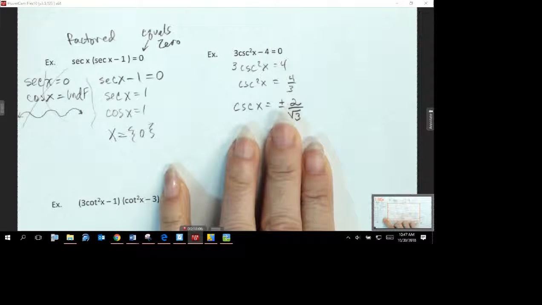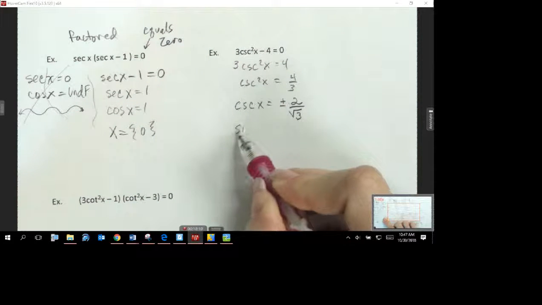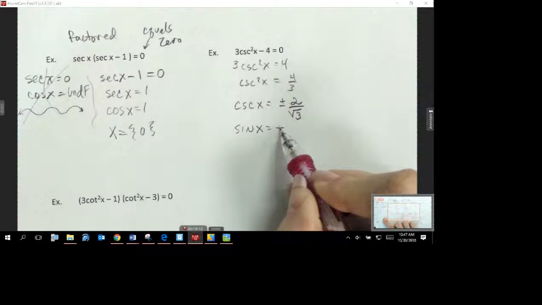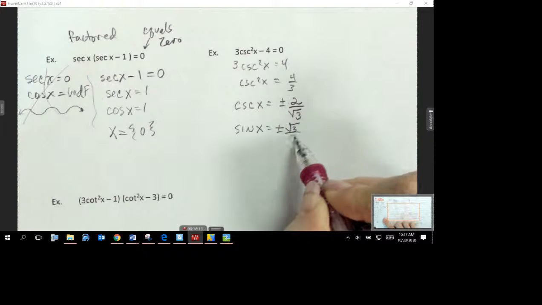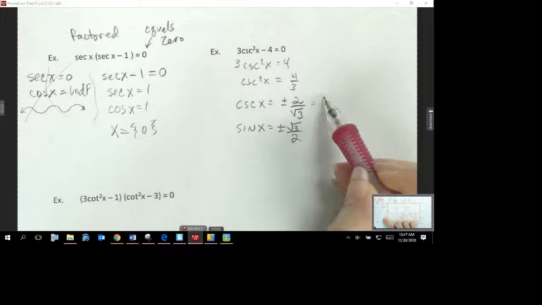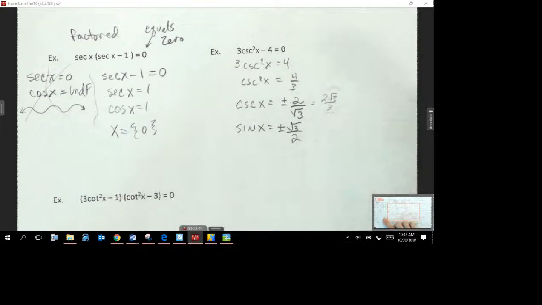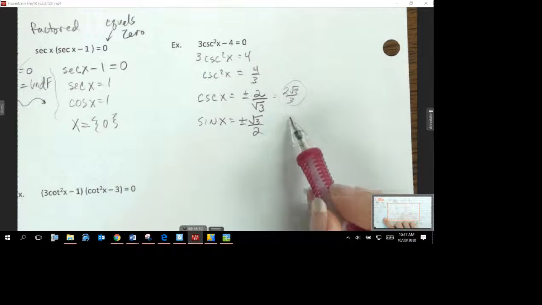Totally fine. Some of us just flipped it at this point and said sine, so they could avoid rationalizing. If you rationalized it, it would be 2 radical 3 over 3. And if you have that memorized, that's great, but a lot of us only have sine memorized. So flipping it, I just need to know where sine is, positive or minus radical 3 over 2.